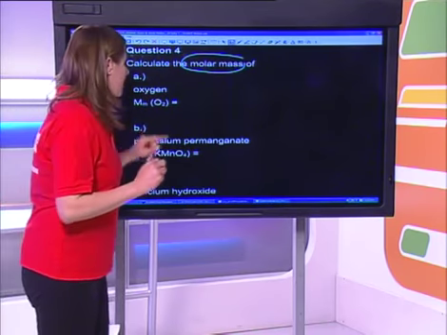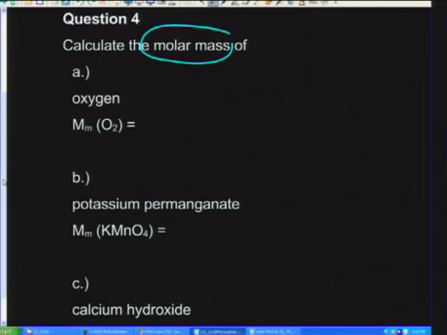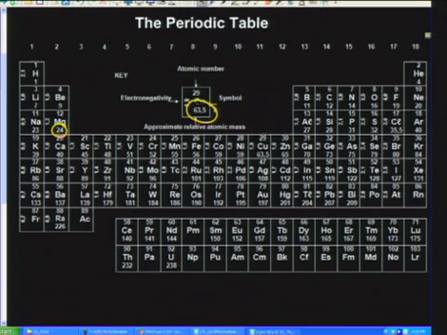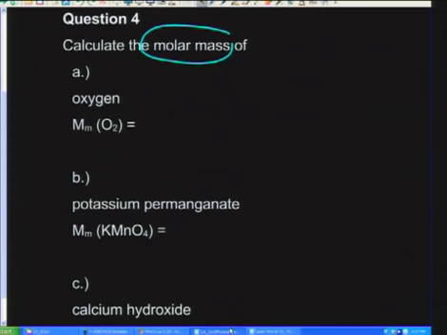Okay, so for the molar mass of oxygen, we go across to the periodic table and find it. There it is, oxygen 16. Remember, you are going to be asked to use your data sheet. This one is rounded off, but we've got 16. But hold on, it's got to be multiplied by 2.